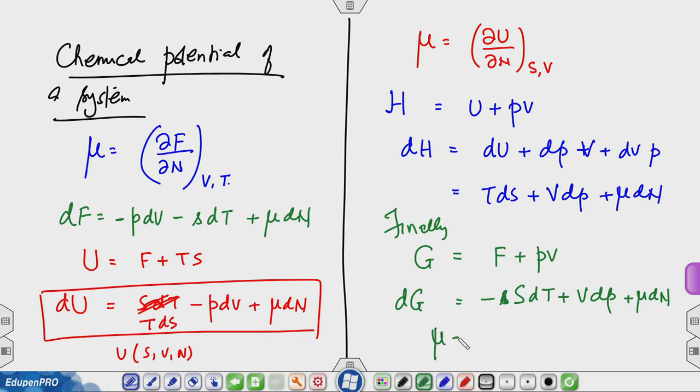So mu is equal to the partial derivative of G with respect to N at constant pressure and temperature.